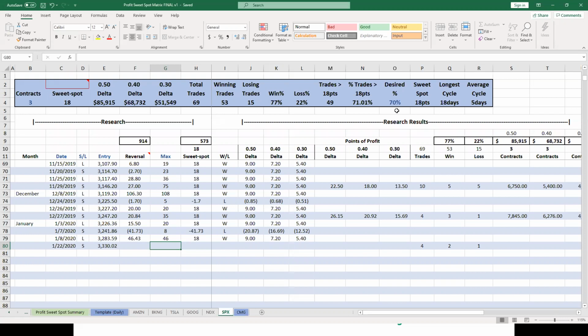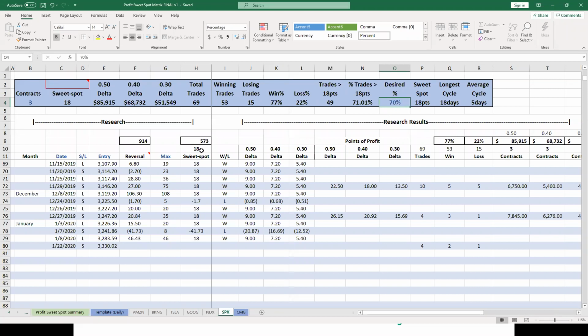But in our tool, the PSSM, it's the Profit Sweet Spot Matrix, we actually can input our desired return, our desired win rate. So when I allow my tool to look back historically and evaluate what amount of movement would SPX achieve 70% of the time, because that's what I have coded in here.